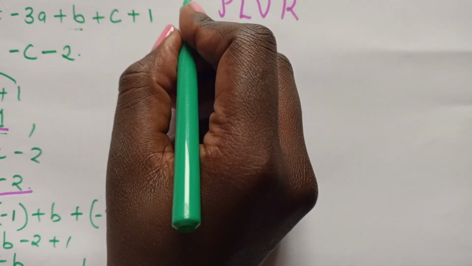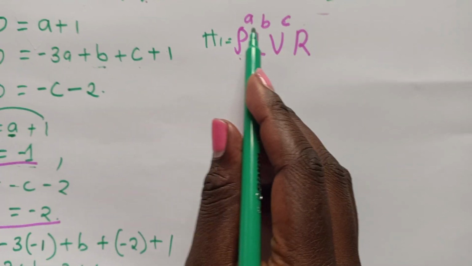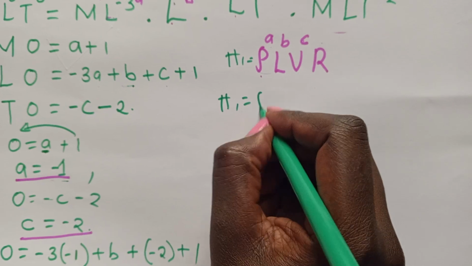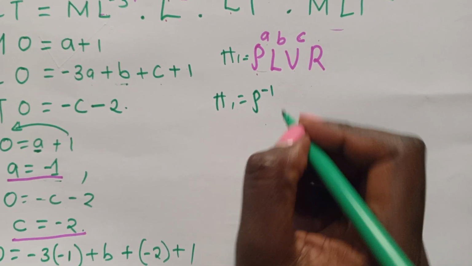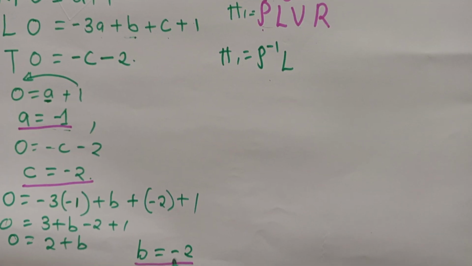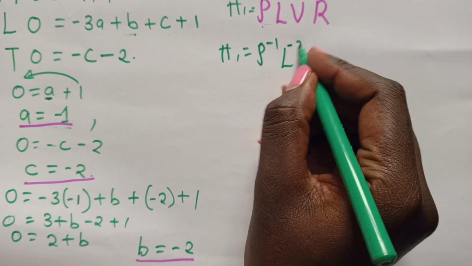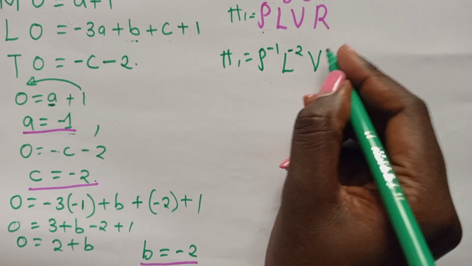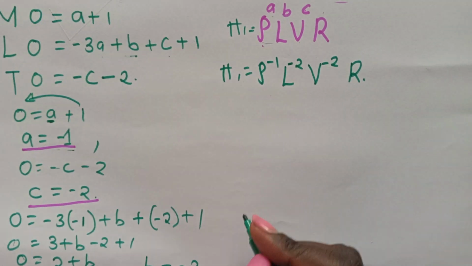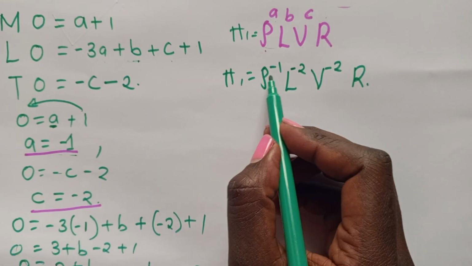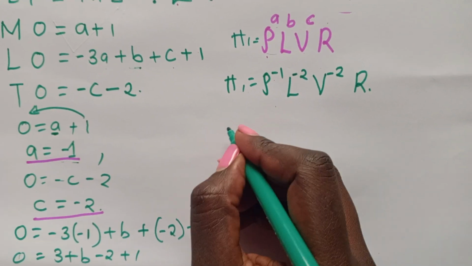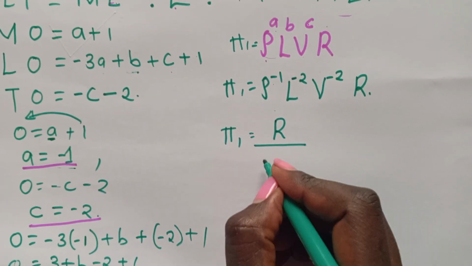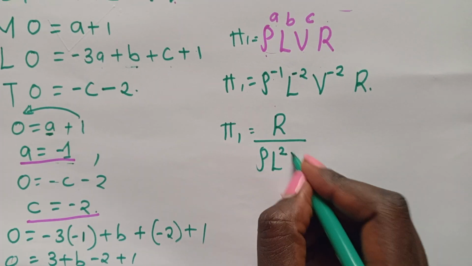So this was our pi 1. Now we are replacing the values A, B, and C. Our A was negative 1, so pi 1 is now rho raised to negative 1, L raised to B, which is negative 2 here, so L raised to negative 2, and then V raised to C, and our value of C was negative 2, so negative 2, with R. You can see that these are raised to negative powers, so we can simply rewrite this as our pi 1 is now given as R over rho L squared V squared.